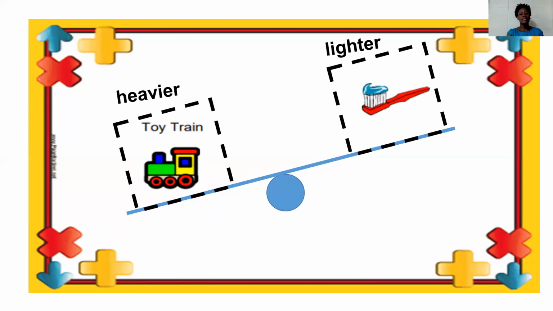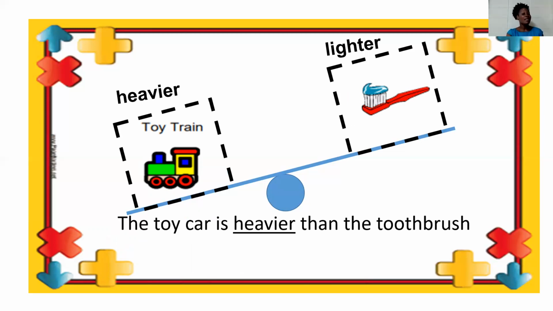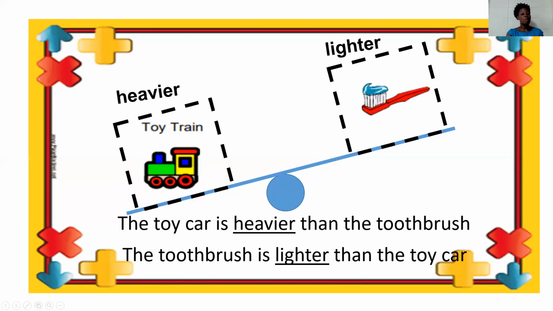Did your sentence for heavier say, the toy car is heavier than the toothbrush? Excellent. So your sentence for lighter must have said, the toothbrush is lighter than the toy car. You are doing a good job so far, boys and girls. Keep it up.